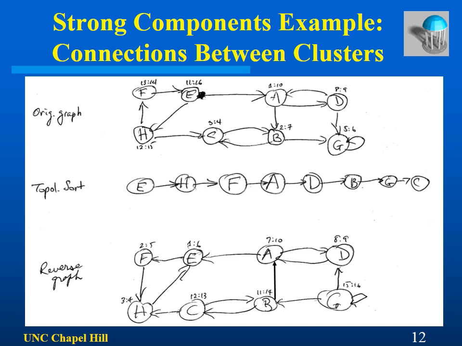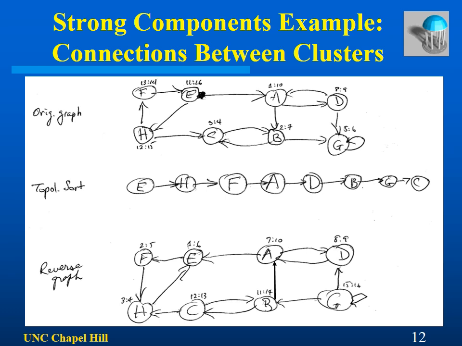There are two more arcs with the same behavior, the one from D to G, which ends up saying we have an AD cluster connected to the singleton G cluster. And the one from B to G says we have a connection between the CB cluster and the G cluster. I'm calling singleton strongly connected components and clusters that mean the same thing.